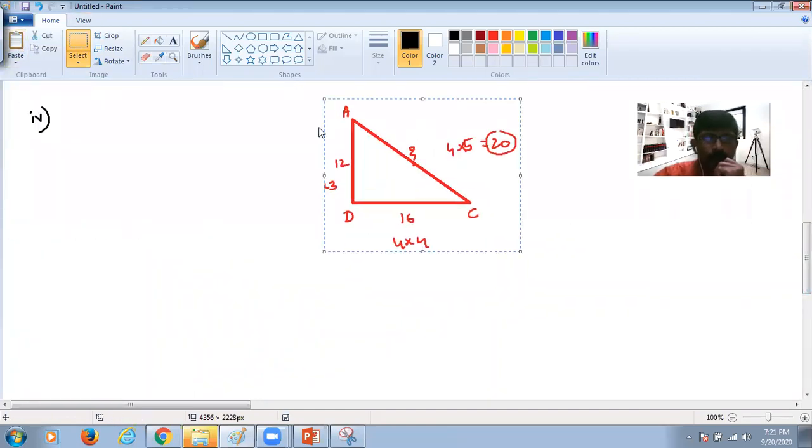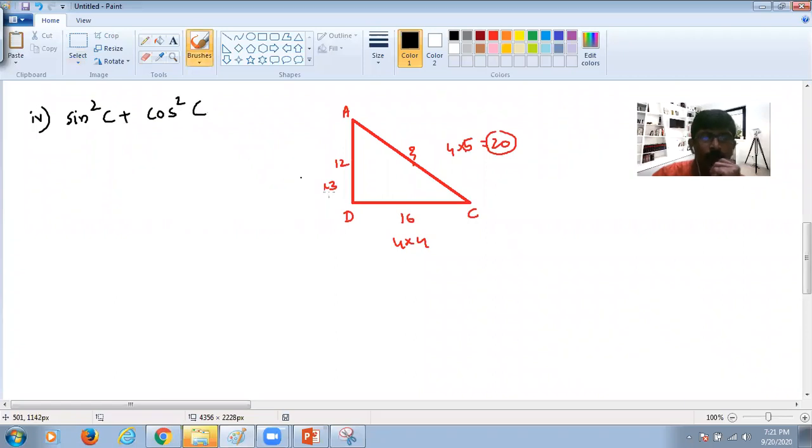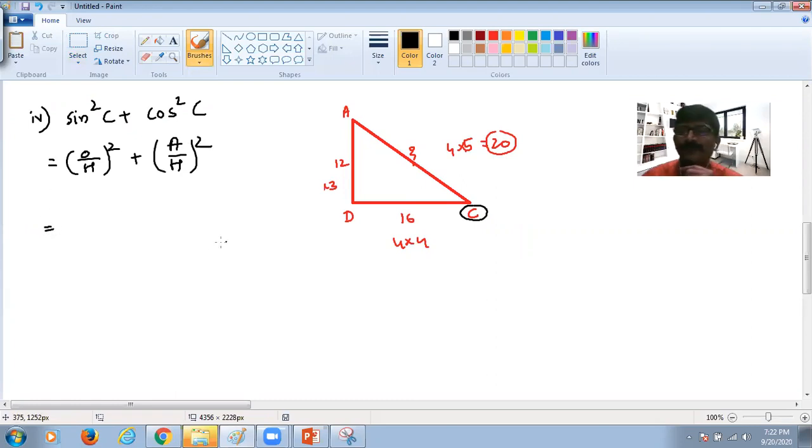Okay, now what we have to calculate over here is sine square c plus cos square c. Now why am I choosing this particular part only? Because there is angle c. Now what is sine square c? That is opposite upon hypotenuse, squared. What is cos square c? That is adjacent upon hypotenuse, the whole square. Isn't it? Student, understand these are all standard Pythagorean triplets as well as standard square identities. So it is going to turn out to 1.